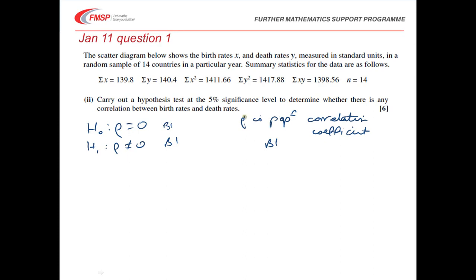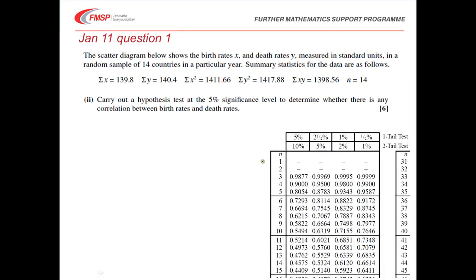Okay, so we need to use the correct tables for this. So let me show you how this works. For 5% 2-tailed, we're looking here. Our sample size is 14. We've got 14 pieces of data, and that leads me to this thing called your critical value. So here, your critical value is equal to 0.5324.